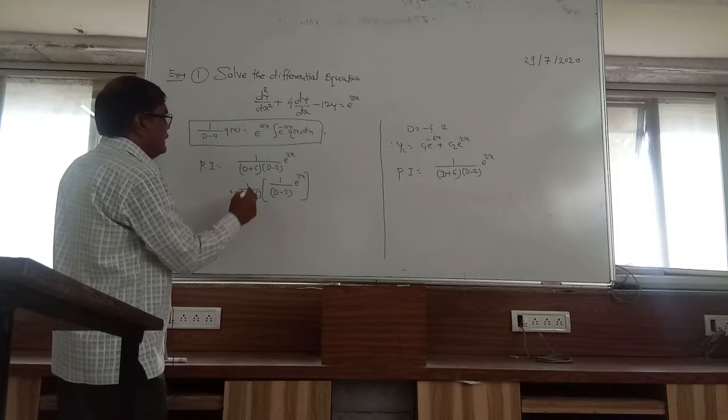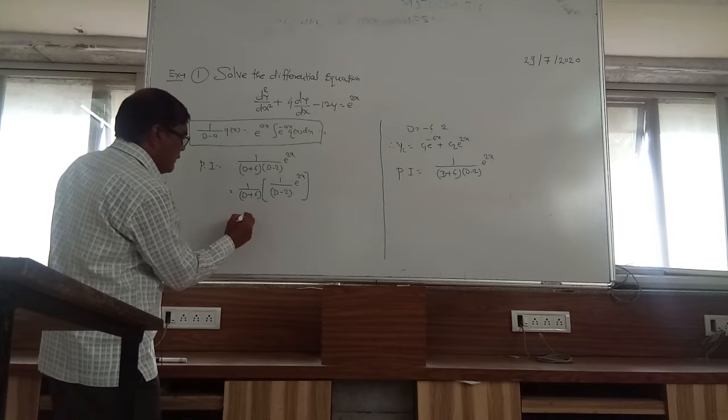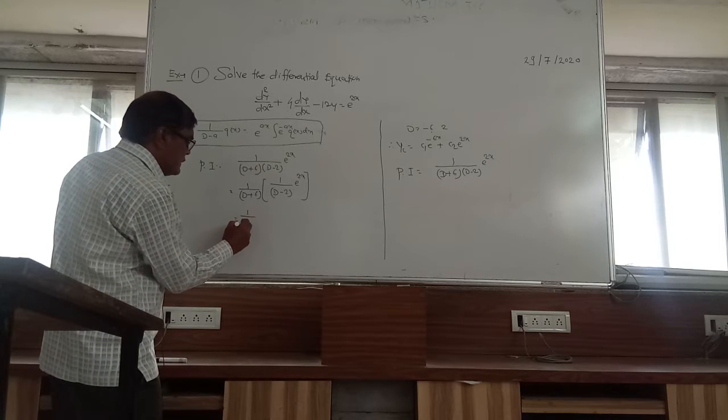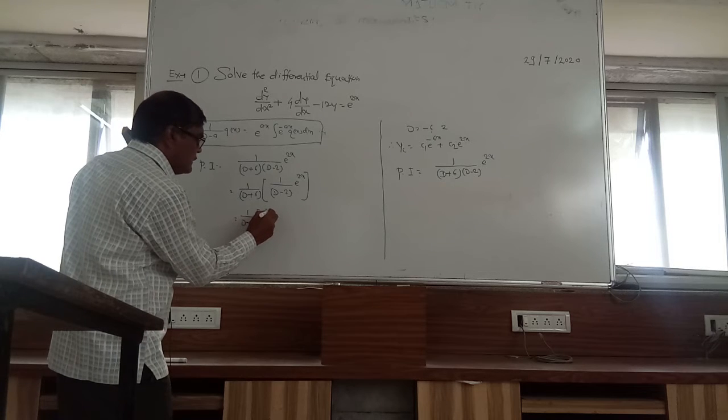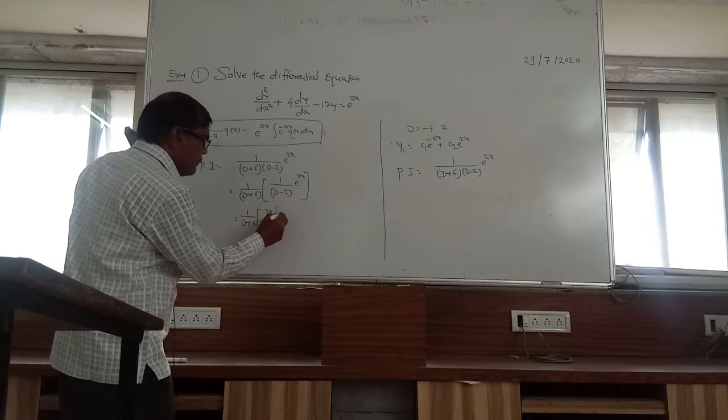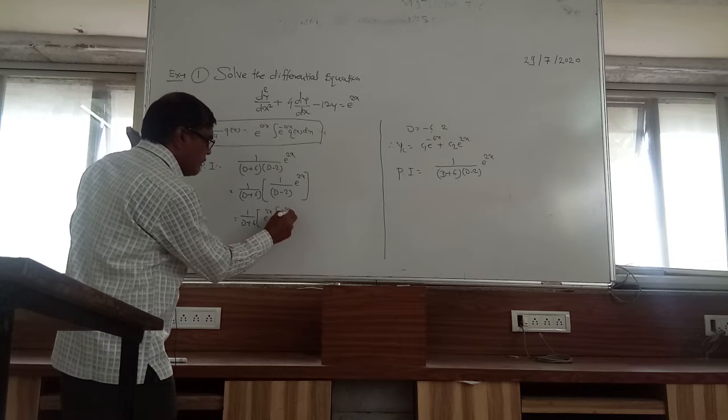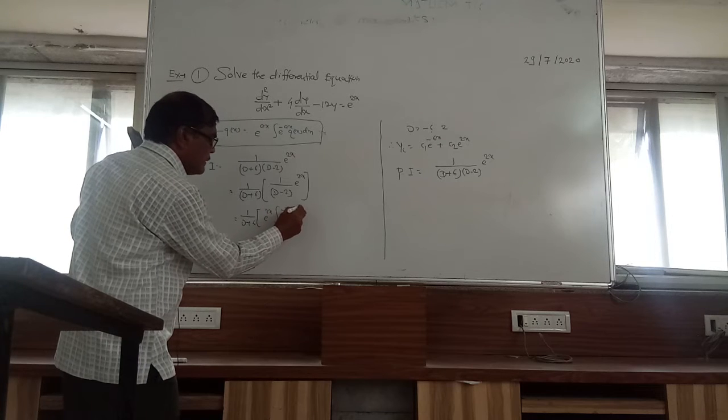Using the previous formula, this equals 1 upon D plus 6 of e raised to 2x times the integration of e raised to minus 2x into e raised to 2x.